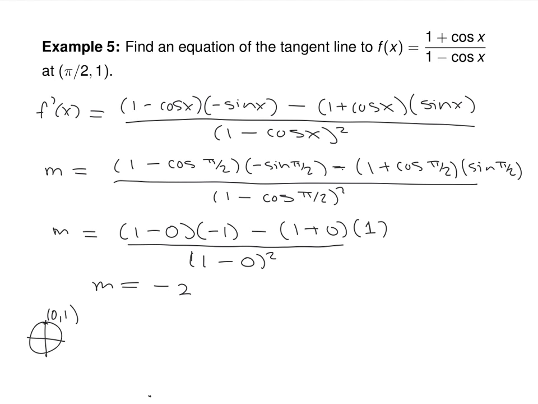All right, then what's the equation of the line? y minus y1 equals m times x minus x1. What goes in for y1? What goes in for m? And then x minus pi over 2.